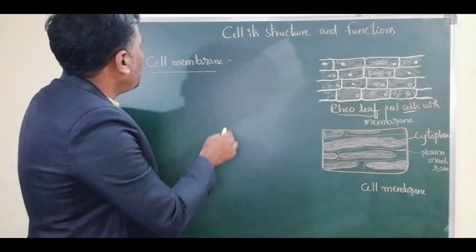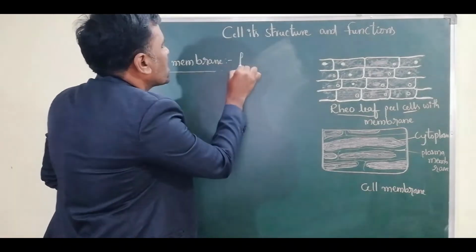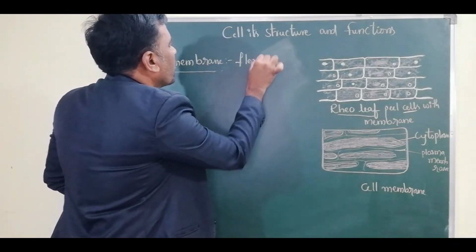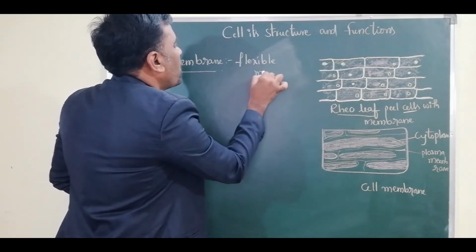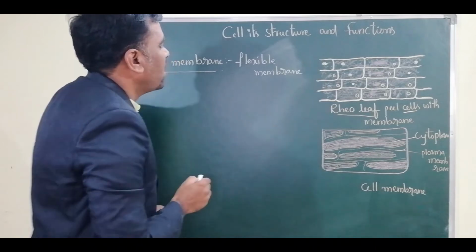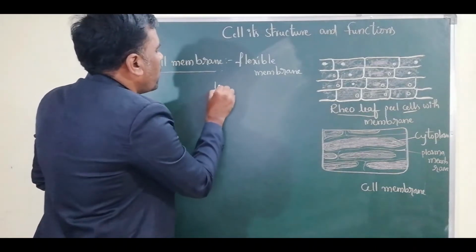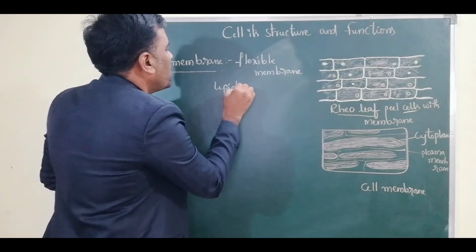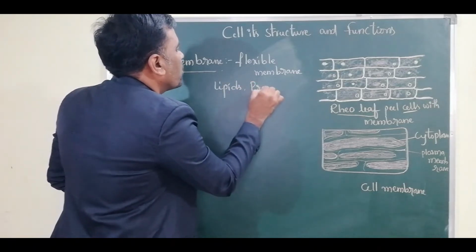So the cell membrane is a flexible membrane. It is present in both plant cell and animal cell. It is made up of lipids and proteins.